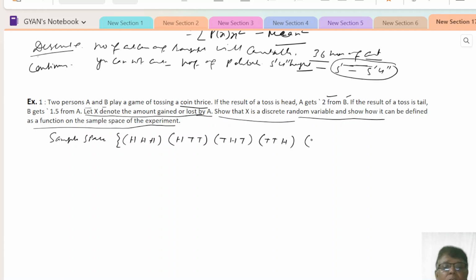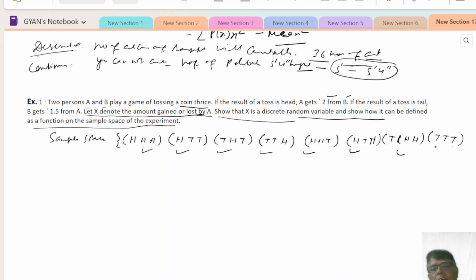Now two heads, one tail, two heads, one tail, and one tail, two heads. So how many? One, two, three, four, five, six, seven, and one tail, tail, tail. So total 8 outcomes. That means is it discrete? You can count it. So it is discrete.